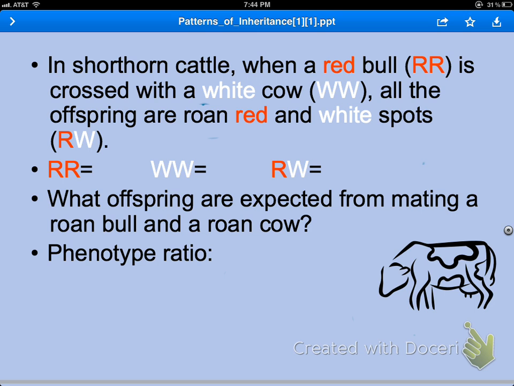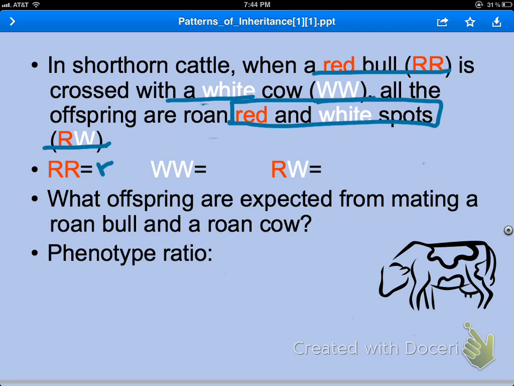In this case, this is a true case for cattle. A red bull is 2 capital R's. If you get white and white, that's going to give you a white coloring. If you end up with red and white, you end up with both red and white spots equally. So 2 red alleles turns out to be red.